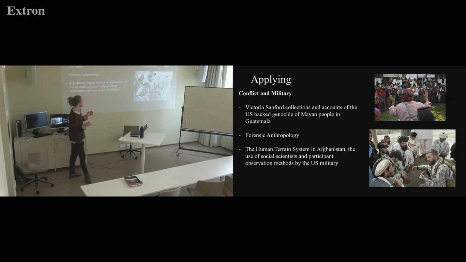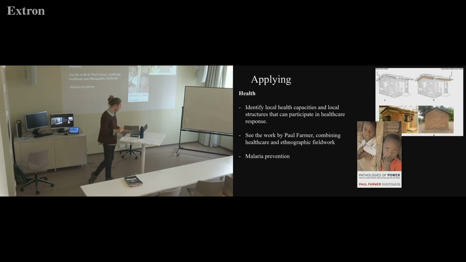These were hired to find out information from locals, and it was painted under this nice system of human terrain systems, trying to build trust with the local communities that the military force was occupying. However, ultimately, many of these people broke the golden rule of ethics, that is, to do no harm, because the information they gathered may have contributed to the killing of other people. So, even though there are approaches for applying participant observation, we have to be ethically aware of its application in certain industries, for example, the military.